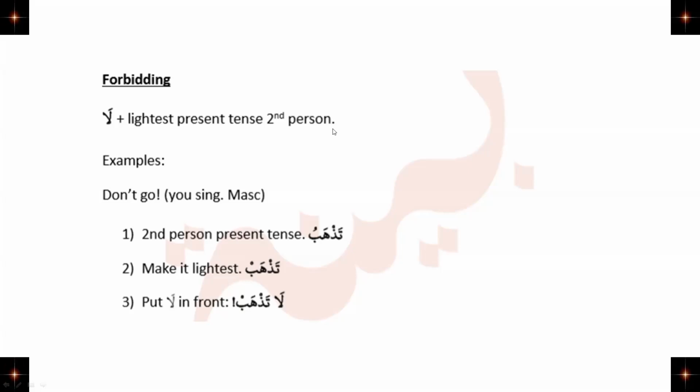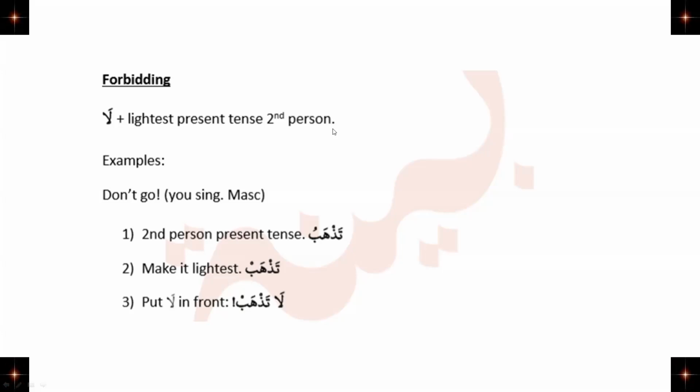So you can't command huwa, huma, hum, hiya, huma, hunna. You can't also command ana, nahnu. So the only commanding pronouns are the middle line, where you have anta, antuma, antum, anti, antuma, antunna. That's where amr and nahi concentrate.